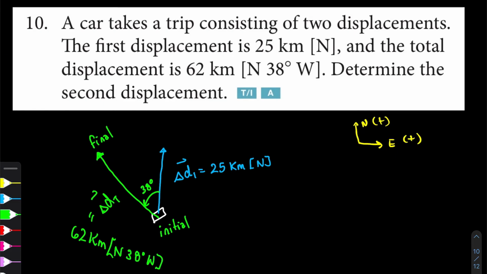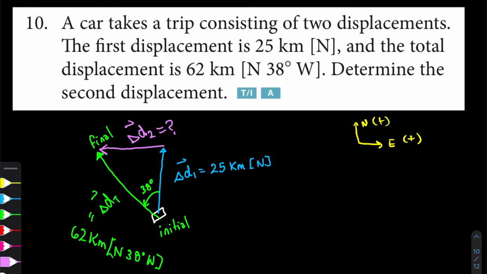What we don't know is the second displacement. But we know that the second displacement is from the ending of the first towards the final total displacement. So delta d2 is our unknown. That's what we're going to try to find.